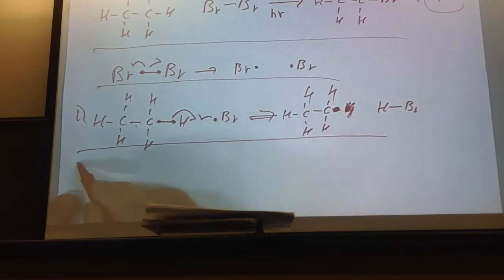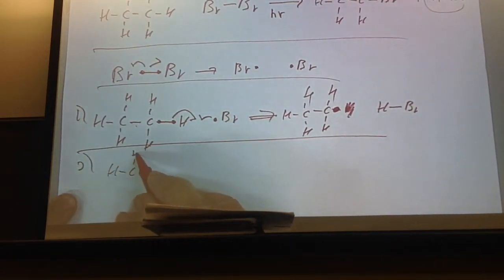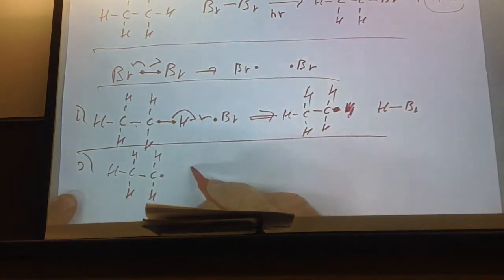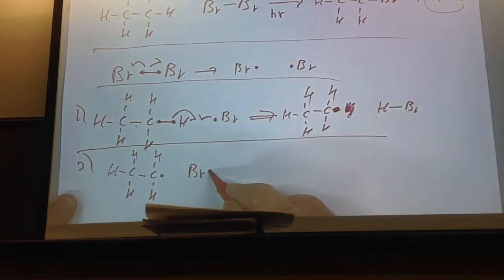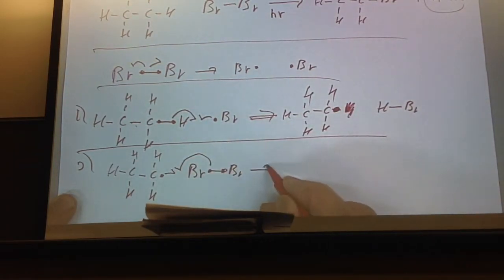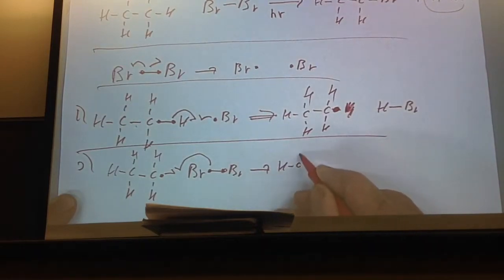So, second step, the radical formed in step 1 will now collide with bromine. There's plenty of bromine, it's dumped in tons of bromine. So you form a bond, and that gives you the second product that we're looking for, the brominated compound.